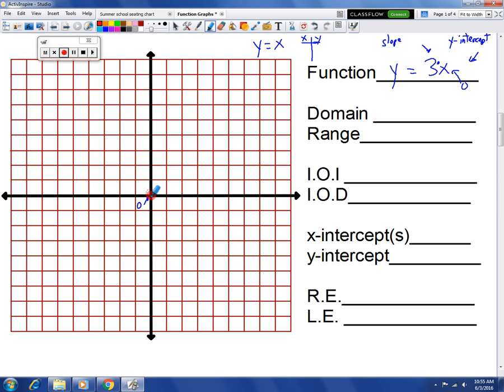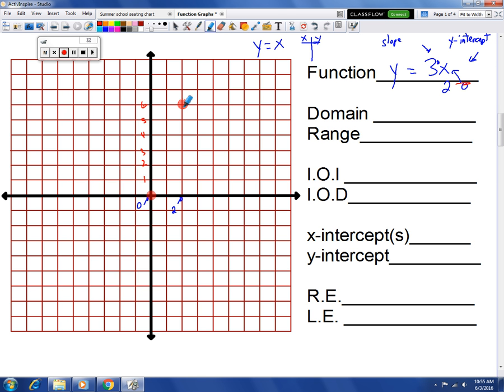Now, let's say x equals 2. It's not going to be y equals 2, it's y equals 3 times 2, which is 6. So when I go over to x equals 2, I get a y value of 6. My y value goes 1, 2, 3, 4, 5, 6, so my point would be up here.